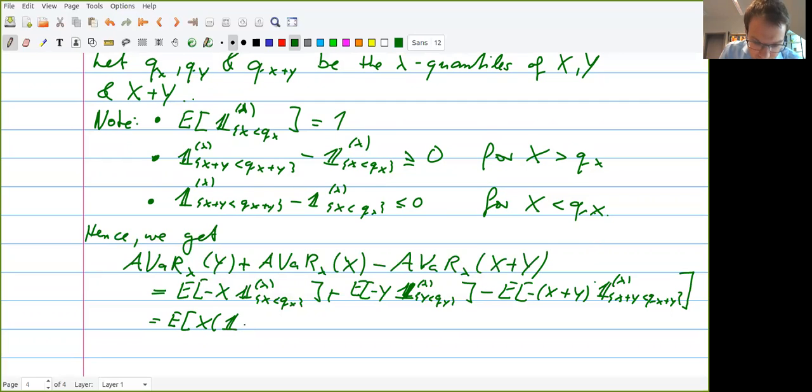Then we have x plus, because minus here x gives me this, and then I have here minus I_{1-lambda} x.